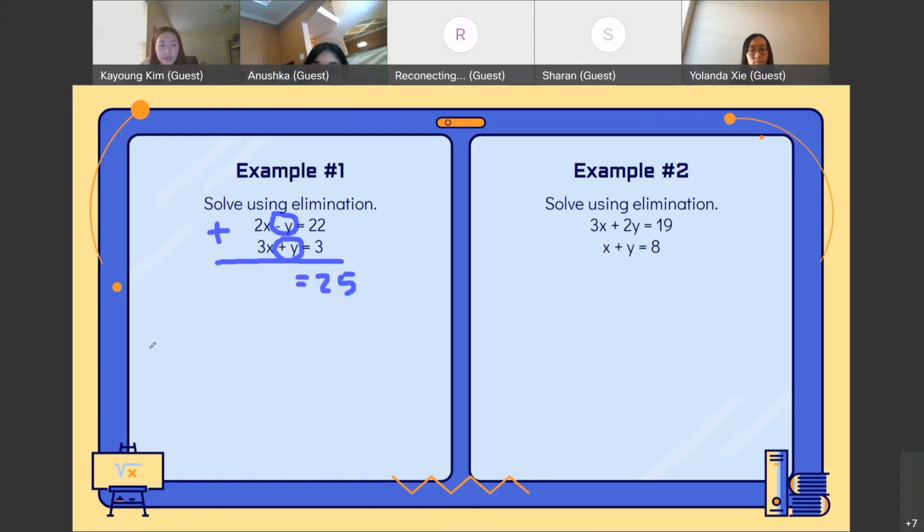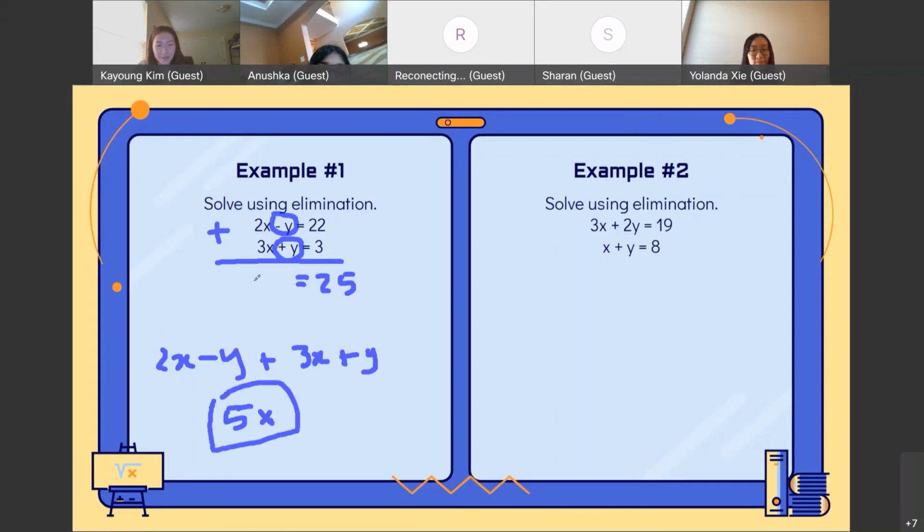On the left-hand side, it would be 2x minus y plus 3x plus y. The x's add together, so it's 5x. And then the y's, they have opposite signs, so they would cancel out. So I would just have 5x.